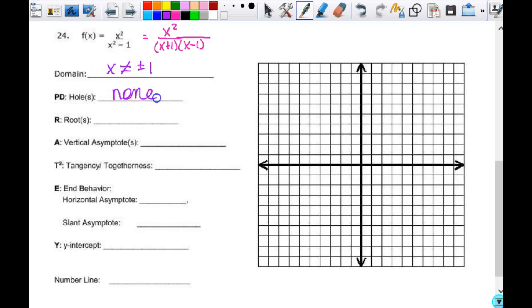There are no holes. My roots are just at 0. My vertical asymptotes: x equals negative 1, and x equals 1.